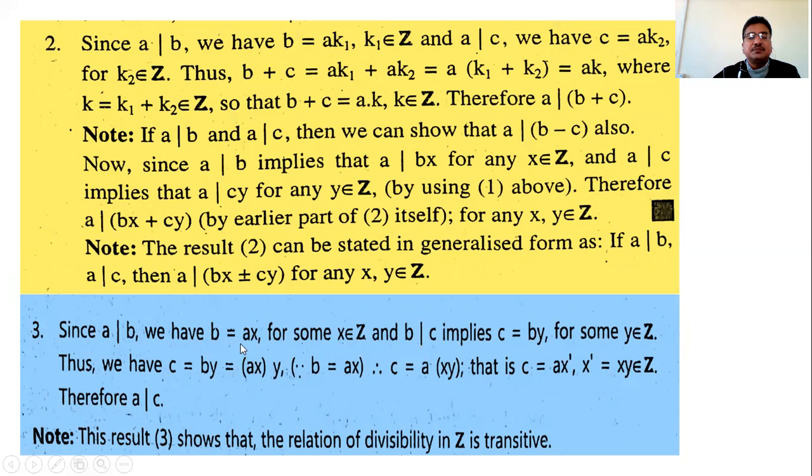So A divides B means B is expressed in the form A into some integer x. Also B divides C implies C is expressed in the form B into some integer y belonging to Z. And then we have to show A divides C.